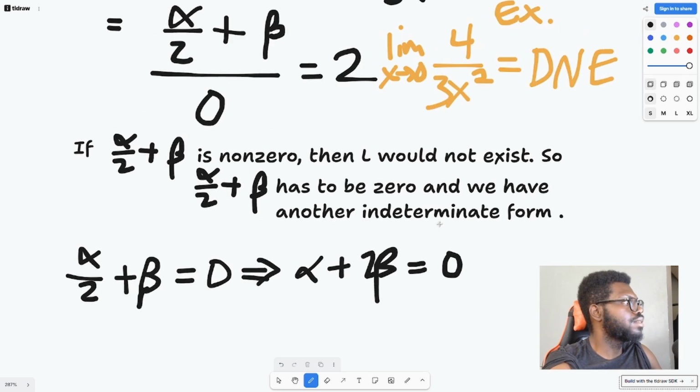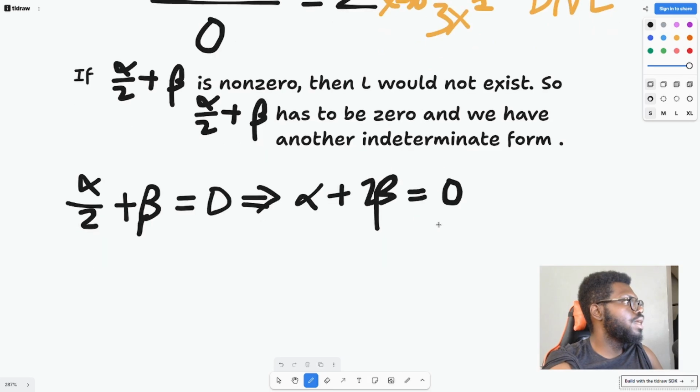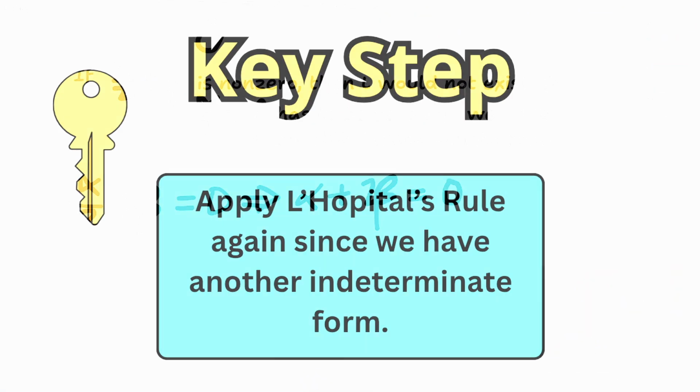And this also tells us that since we have another indeterminate form, we need to apply L'Hopital's rule another time in order to figure out some more information. We do have one equation here, but we still need to know more in order to actually find the value of alpha plus beta.